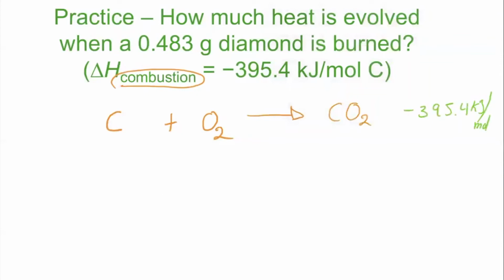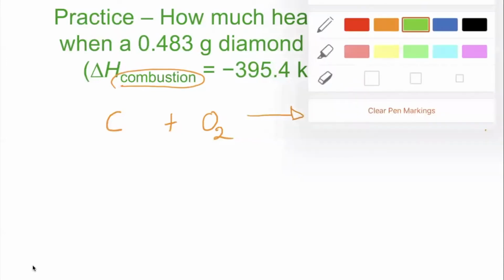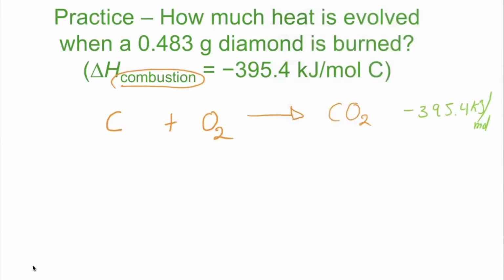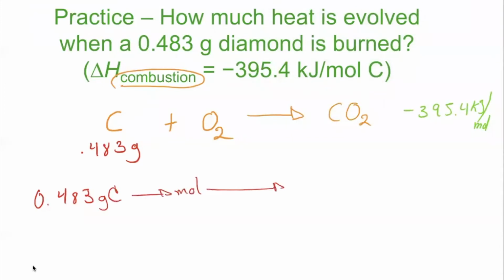Now, the question is asking what your answer will be if, instead of starting with 1 mole, you're starting with 4.83 grams of your diamond, which is your carbon. So what you need to do is go from 4.83 grams of carbon to moles, and from moles to kilojoules.